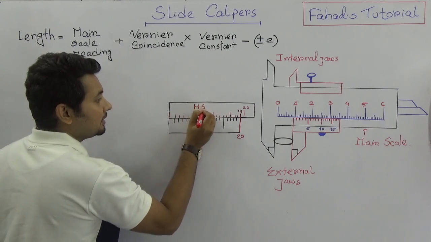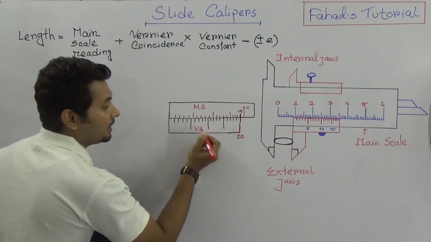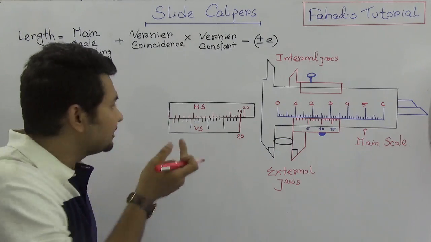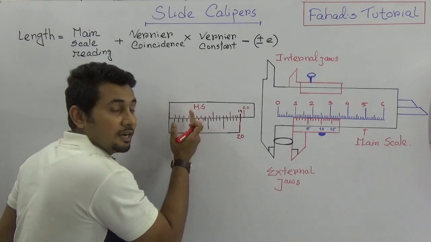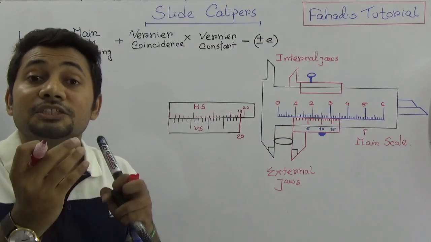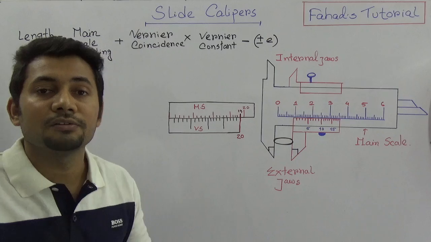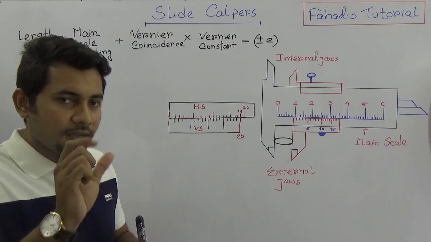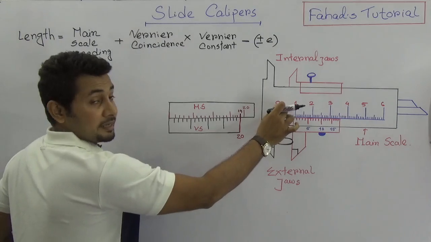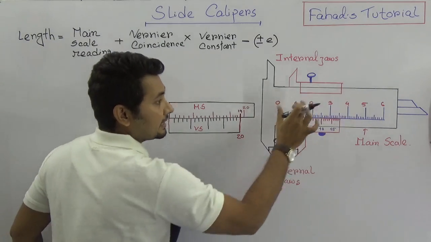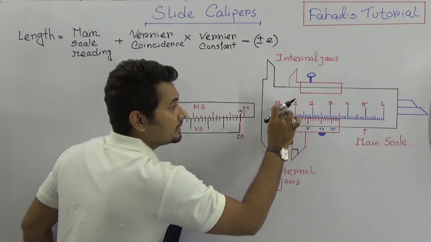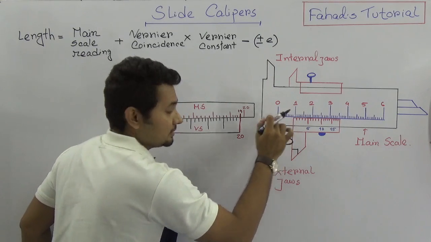As this is the main scale and this is the Vernier scale, there is a slight difference between the spaces of the main scale and the Vernier scale, and this difference is known as the Vernier constant. Let me clear one thing. This is the Vernier, this is the main scale, and it's given in millimeter units. So this is 1 millimeter.